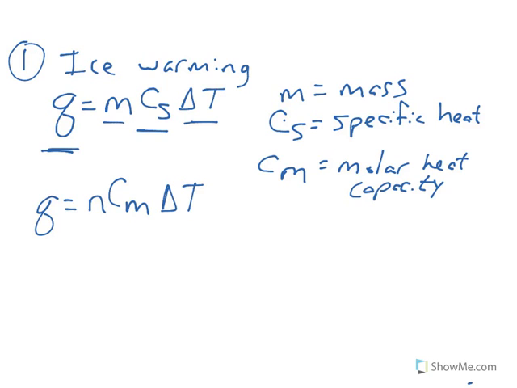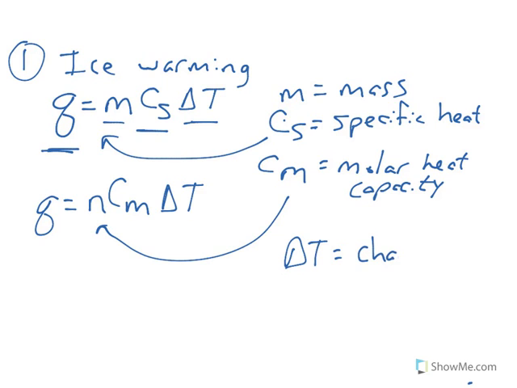When you have specific heat, that's related to the mass, all right? When you're dealing with the molar heat capacity, that's the moles that we're dealing with, all right? So depending on if you're given the specific heat or the molar heat capacity, you'll use these two equations. Delta T, of course, is going to be the change in temperature. All right, so that's how much we're changing the temperature, okay?